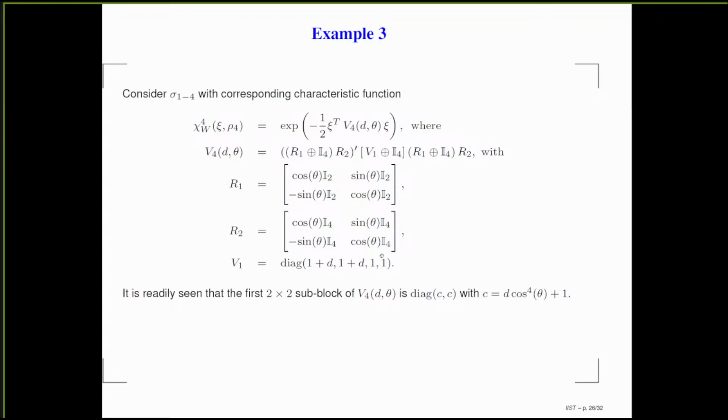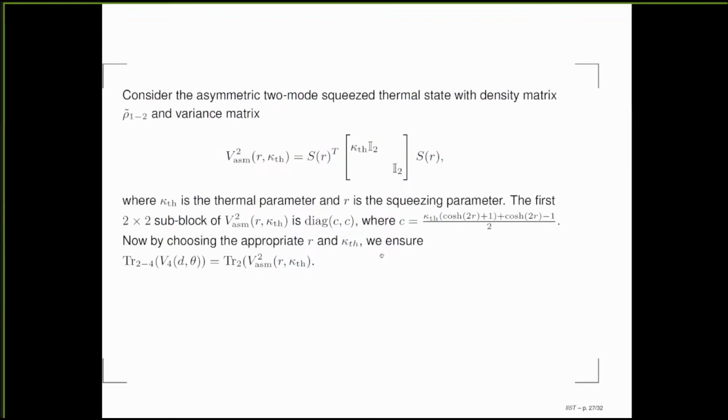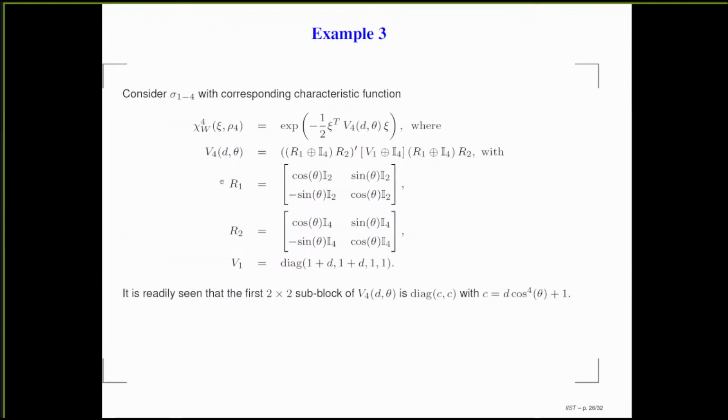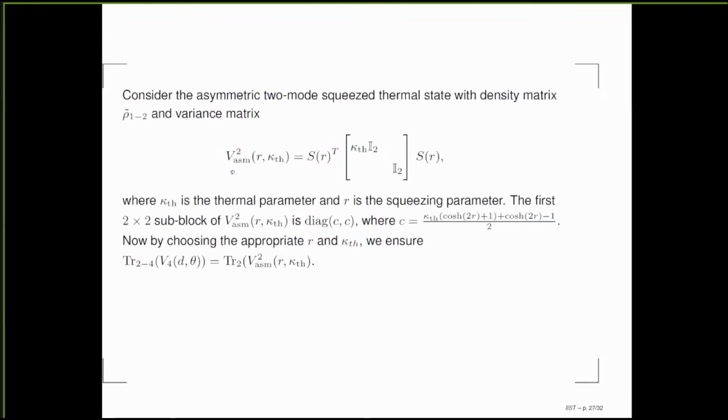Then you compare it with this asymmetric 2 mode squeeze thermal state, whose density matrix is this, and again you choose the diagonal. You do all the transformations. If you trace out, the 4 mode variance matrix is the same as the partial trace of this two-mode variance matrix, which means the cent state is identical in these two situations.